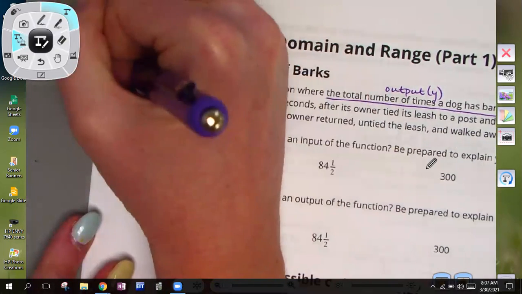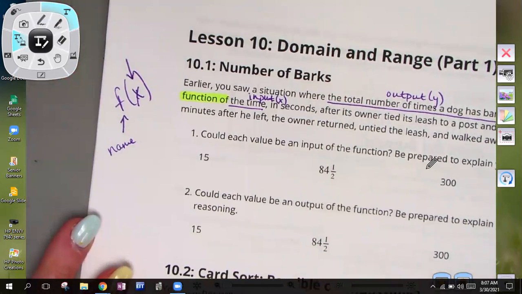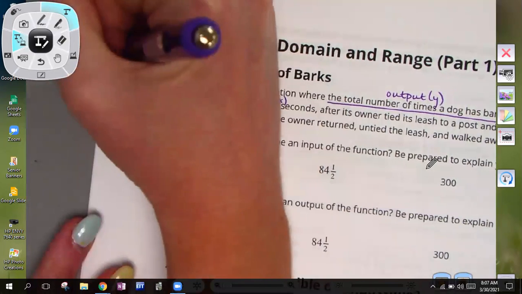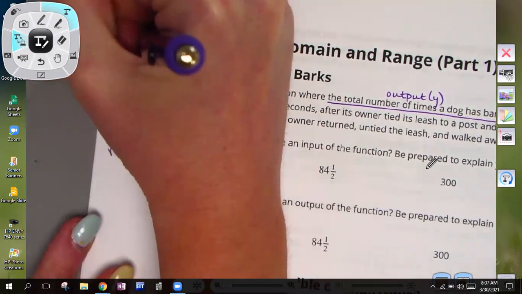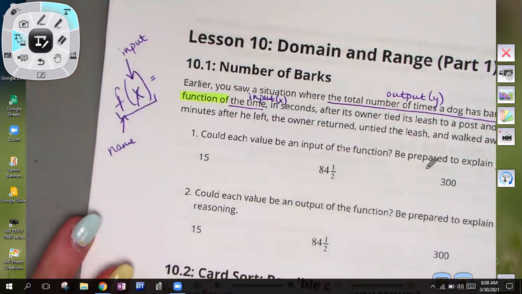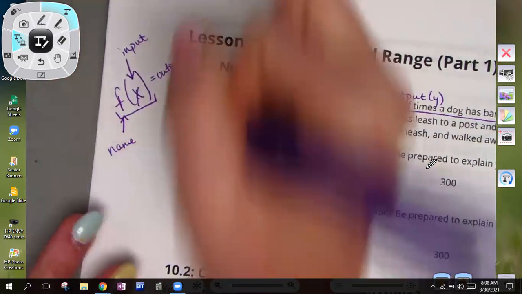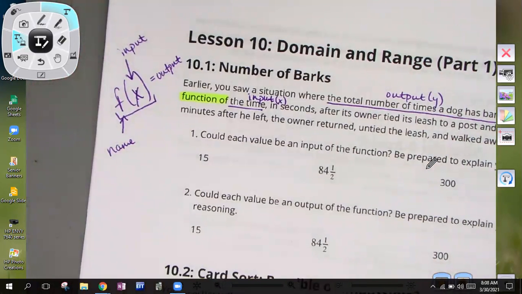Then we have the number or variable inside of the parentheses, and that tells us the input. And then all of it is set equal to the output. So that's function notation for you.